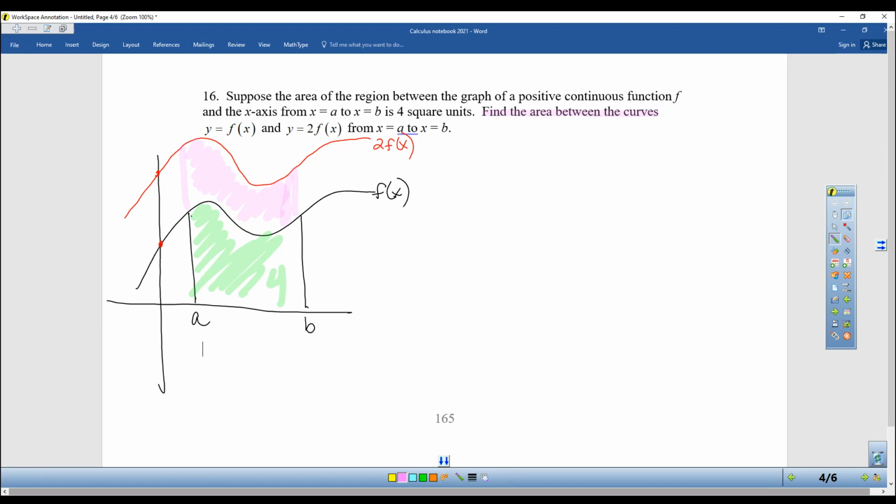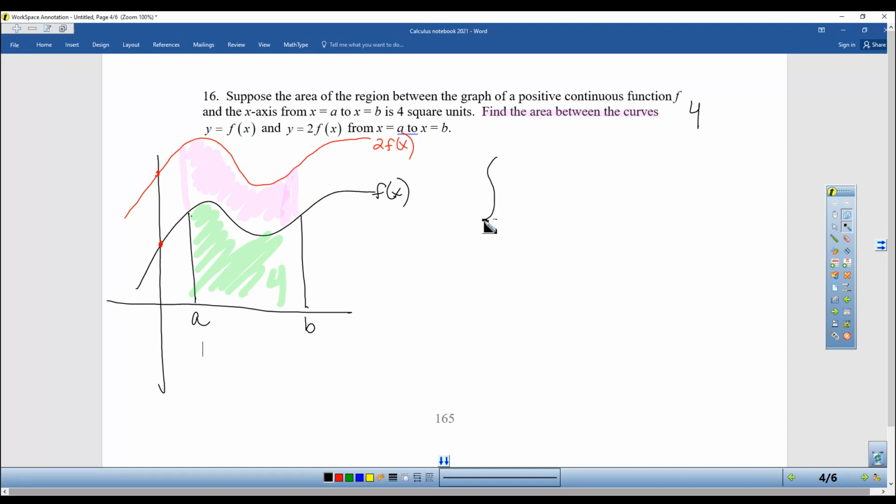Got an intuitive sense of it? So the answer is going to be 4. If intuitively you said, well, if it's twice as tall, then the whole area is 8, and then if you subtract the original 4, you were right. But if you had to show your work for it, it's actually not that bad a problem.